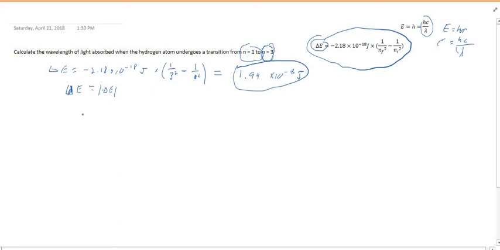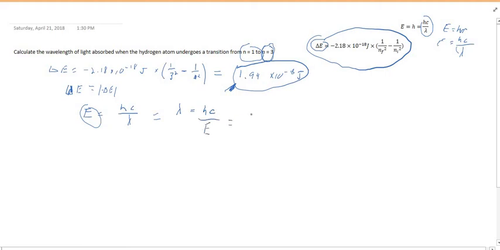And so once I have this energy, now I can use those equations and say that energy equals Planck's constant times the speed of light divided by the wavelength. I just calculated this energy. It's this number right here. And I know h, that's a constant, c is a constant. And so now I can rearrange this equation to say that lambda equals hc divided by the energy.